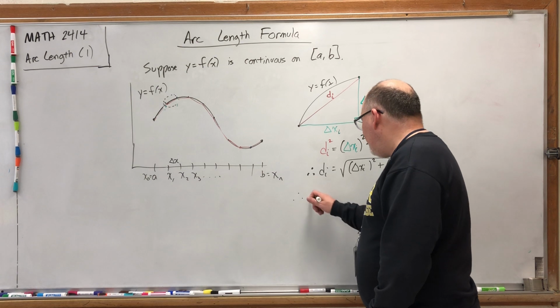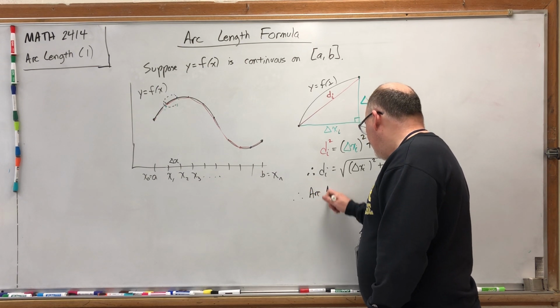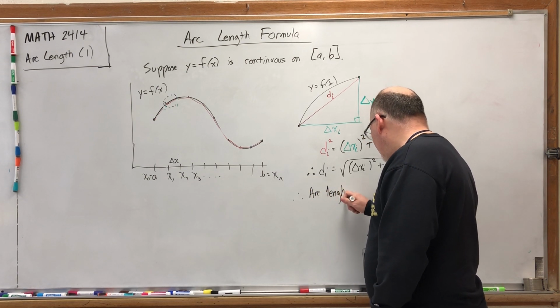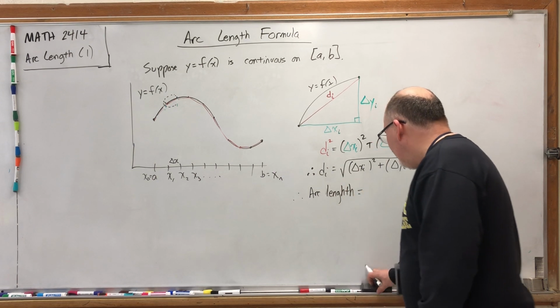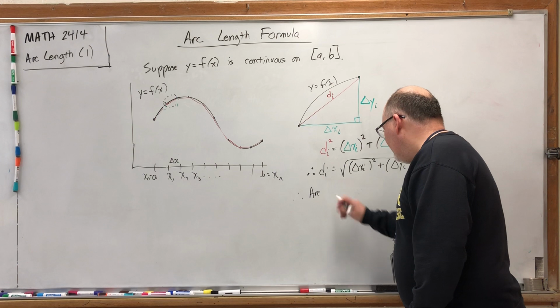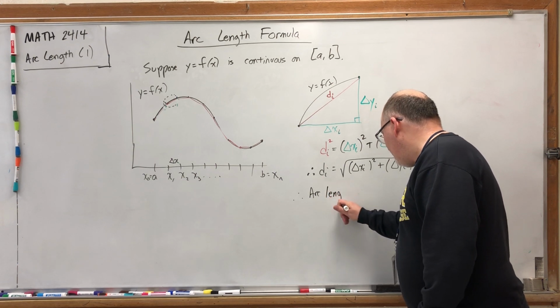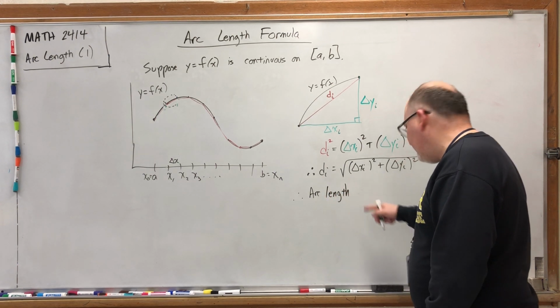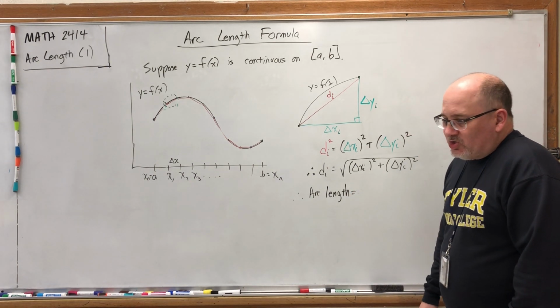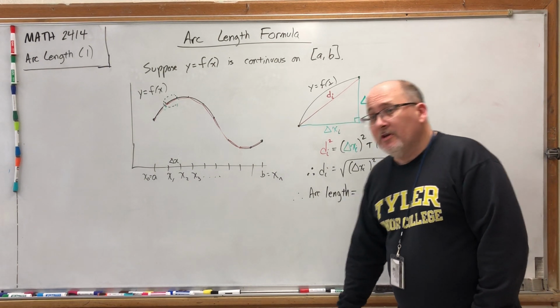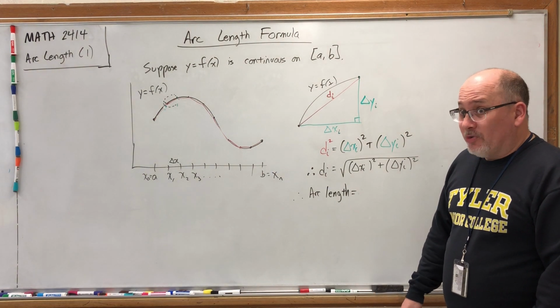Therefore, the arc length, I can spell the arc length, L-E-N-G-T-H, that's correct. And the variable for which is, you'll never see this one coming, the variable for arc length is a lowercase s.